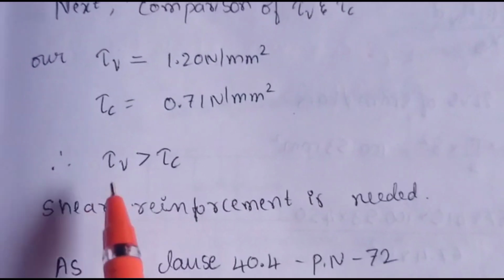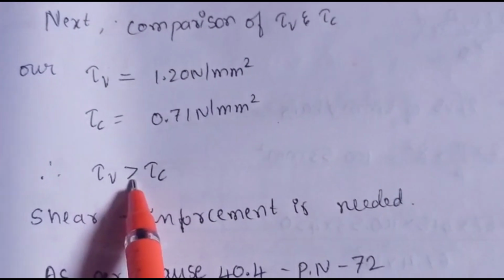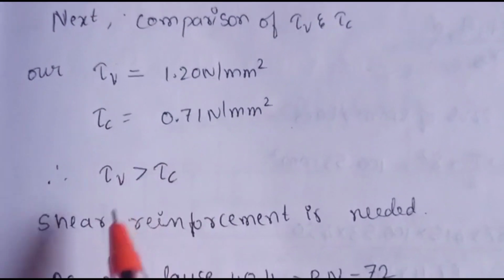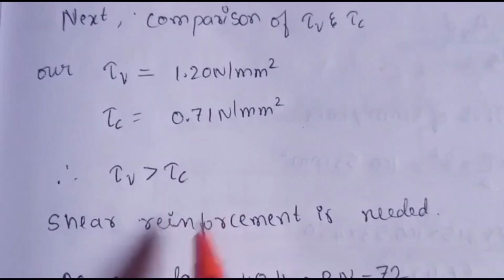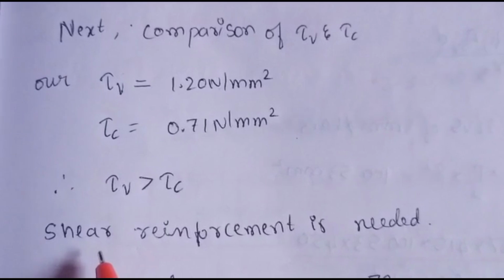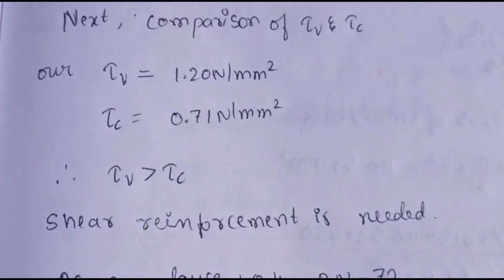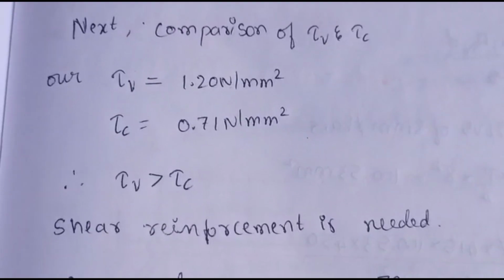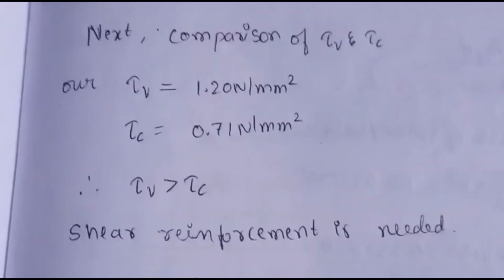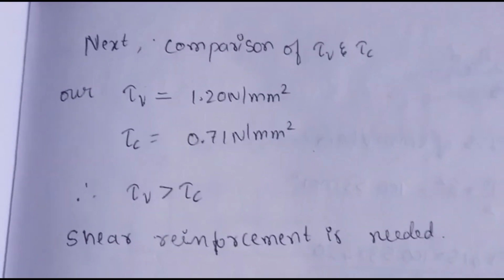So our tau v value is greater than tau c value. When tau v is greater than tau c, shear reinforcement is needed. So we need to calculate the spacing of stirrups, the shear carried by concrete and the shear carried by stirrups.